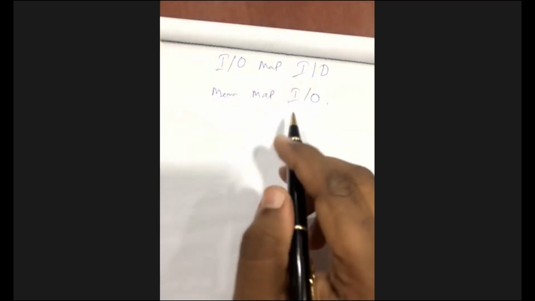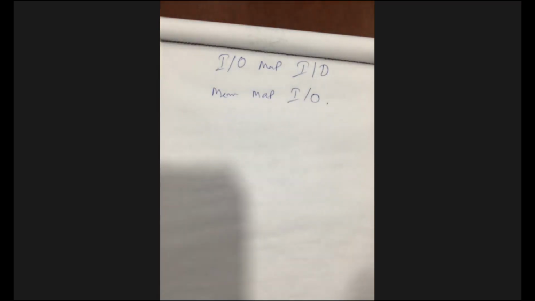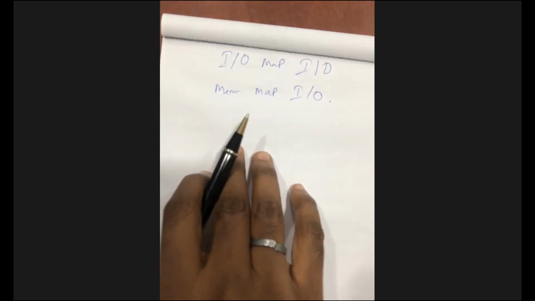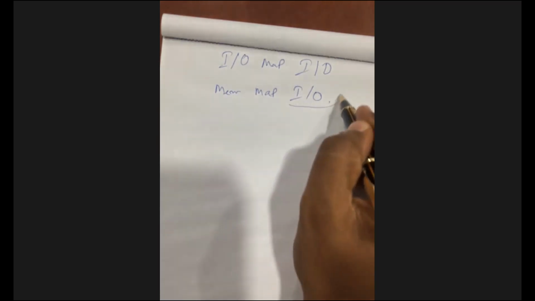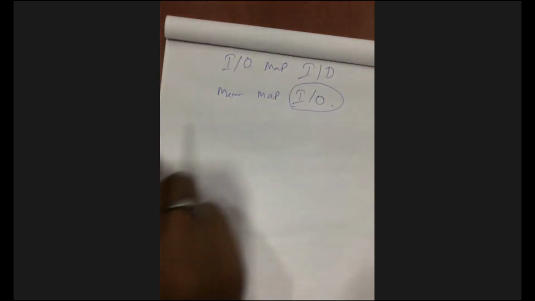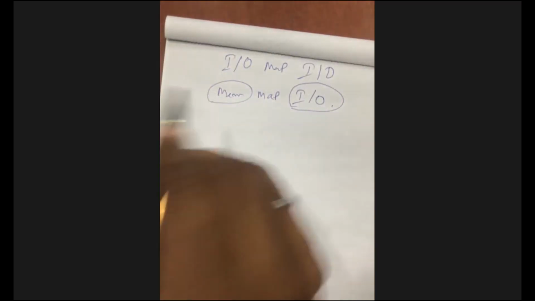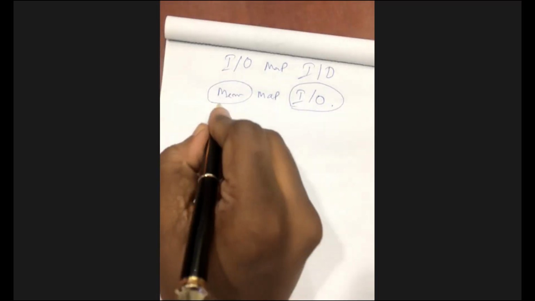So memory mapped IO and IO mapped IO. What is the basic difference? Memory mapped IO means input output devices use memory addresses.